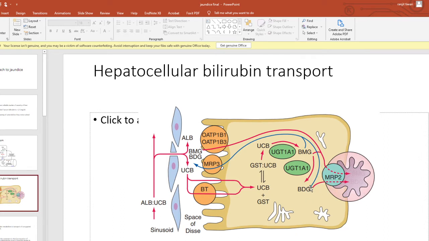So bilirubin diglucuronide and monoglucuronide are transported into bile. Another fate of bilirubin diglucuronide and monoglucuronide is that a little amount goes back into the portal vein through MRP3. So it goes into bile through MRP2, and into the portal vein through MRP3: 2 for bile and 3 for the blood, portal side.